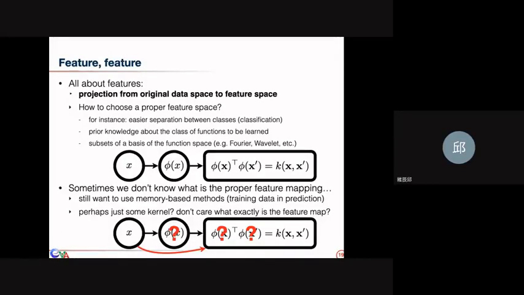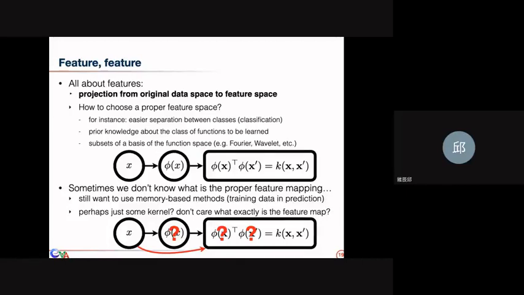So when we have a specific feature representation, and we also have a specific similarity metric, and if this similarity metric is the inner product between two feature vectors, then this is related to the so-called kernel.